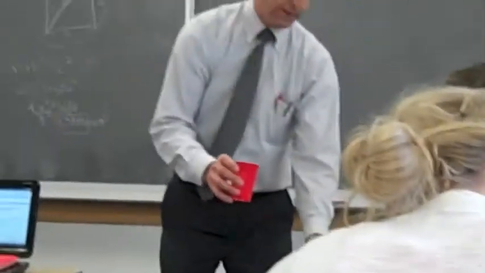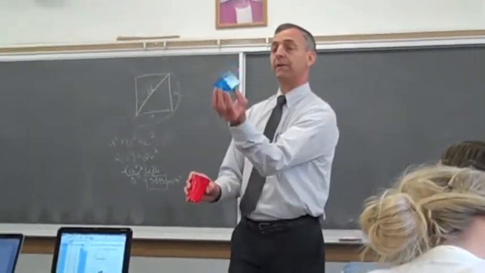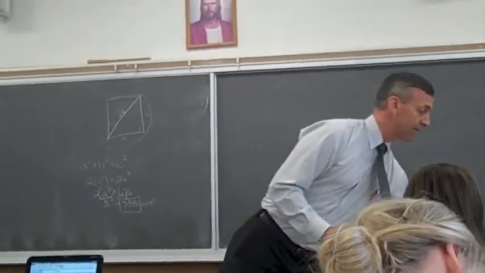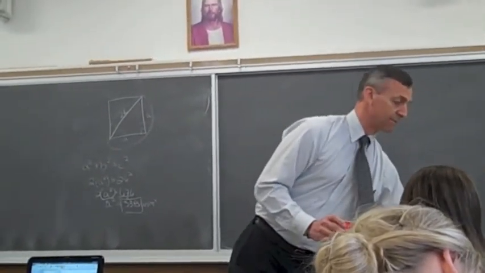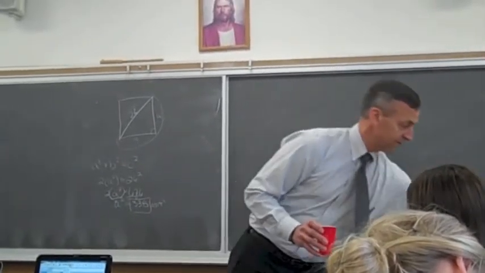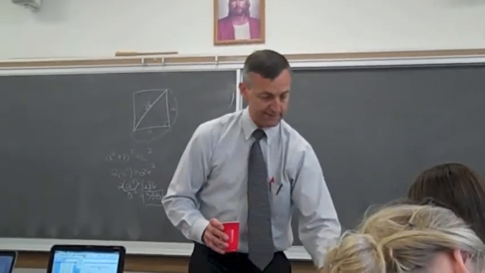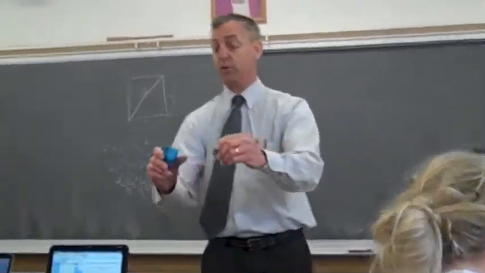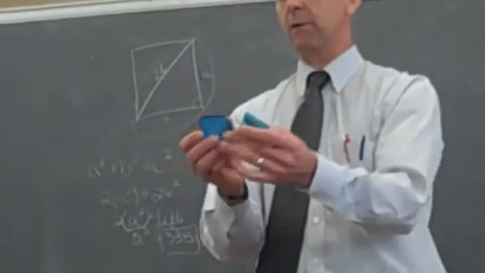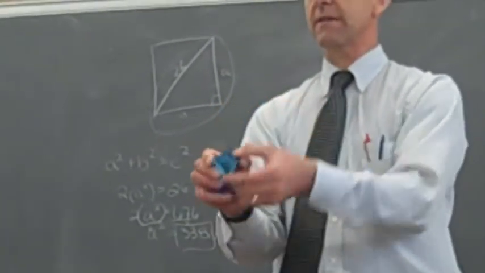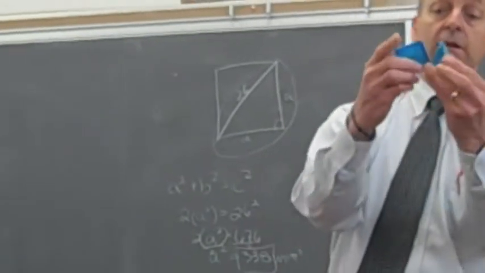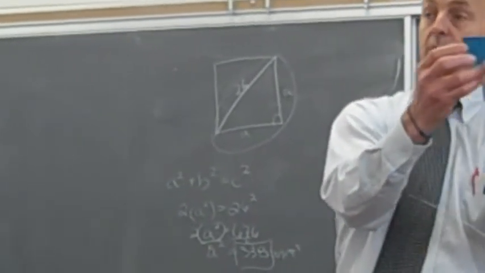Okay. Well, if that's true of a square pyramid, it's also true of other shapes. Here we have a triangular prism and a triangular pyramid. Their base areas are identical and their heights are identical.